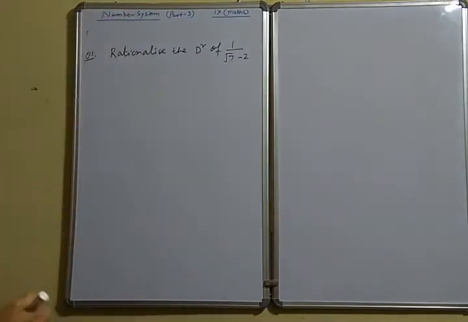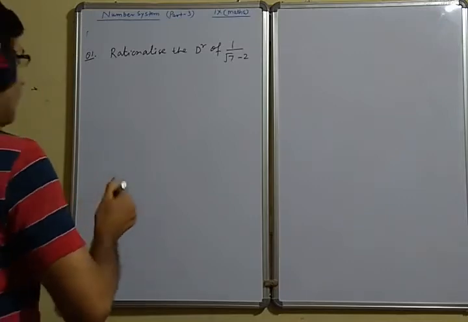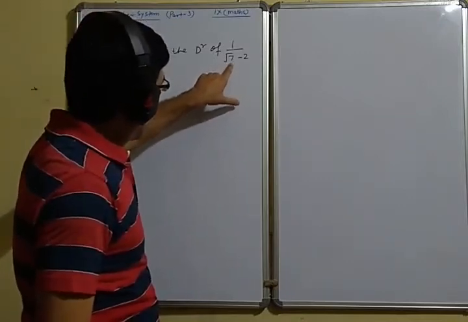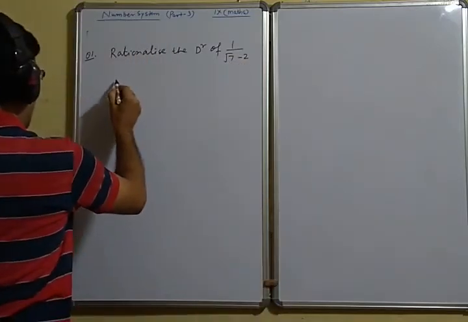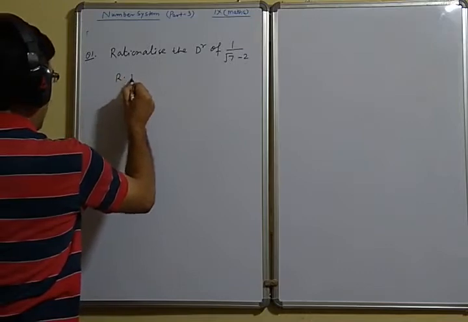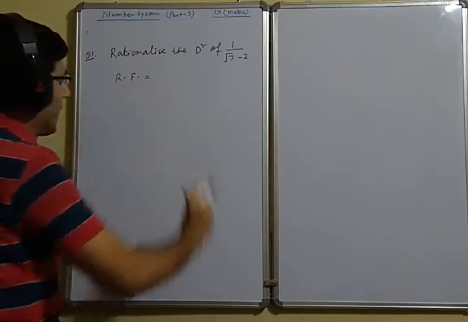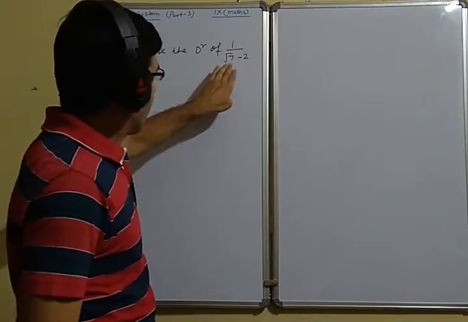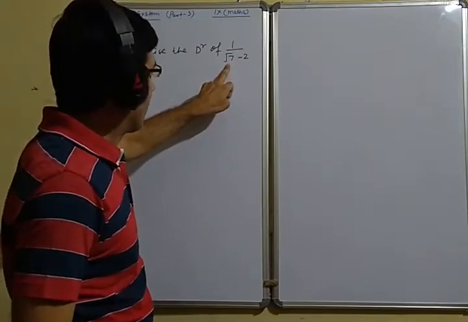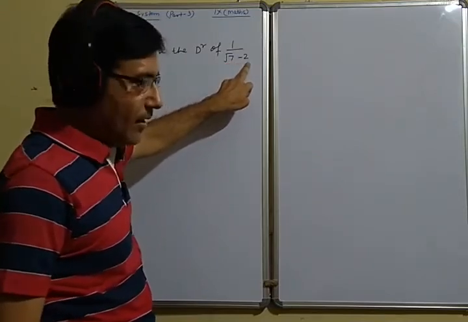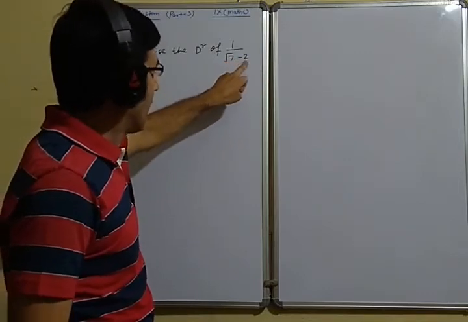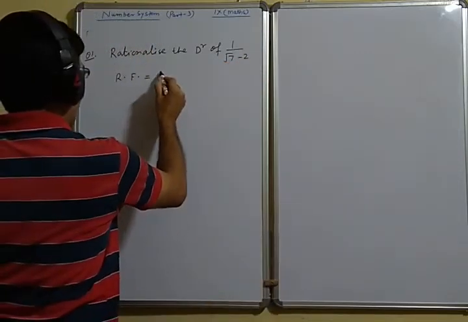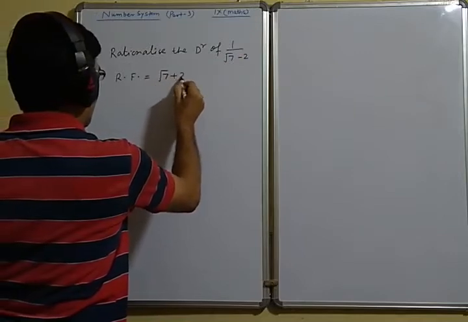Now in the denominator the factor is root 7 minus 2. First we will write its rationalizing factor. It is of the form under root a minus b, so its rationalizing factor is under root a plus b. Its rationalizing factor is under root 7 plus 2.